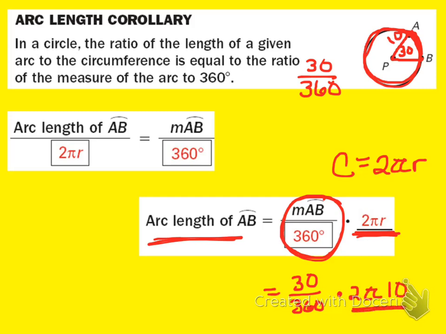The 2 times pi times 10 would give me the circumference, and then this gives me the fraction of that circumference.